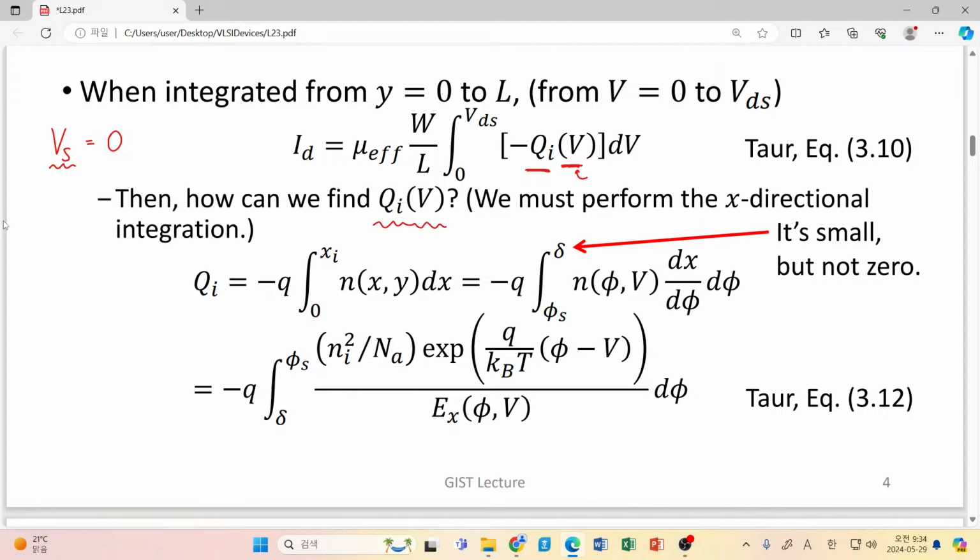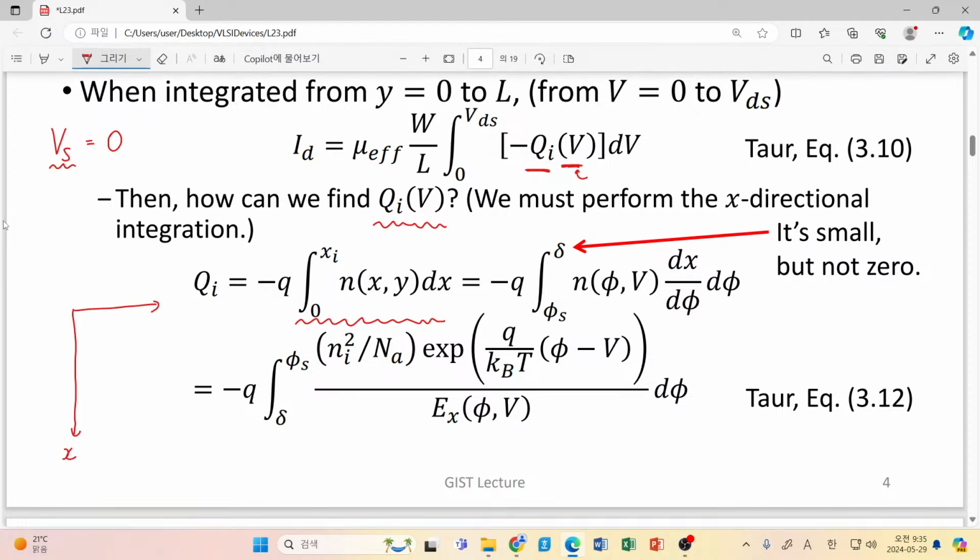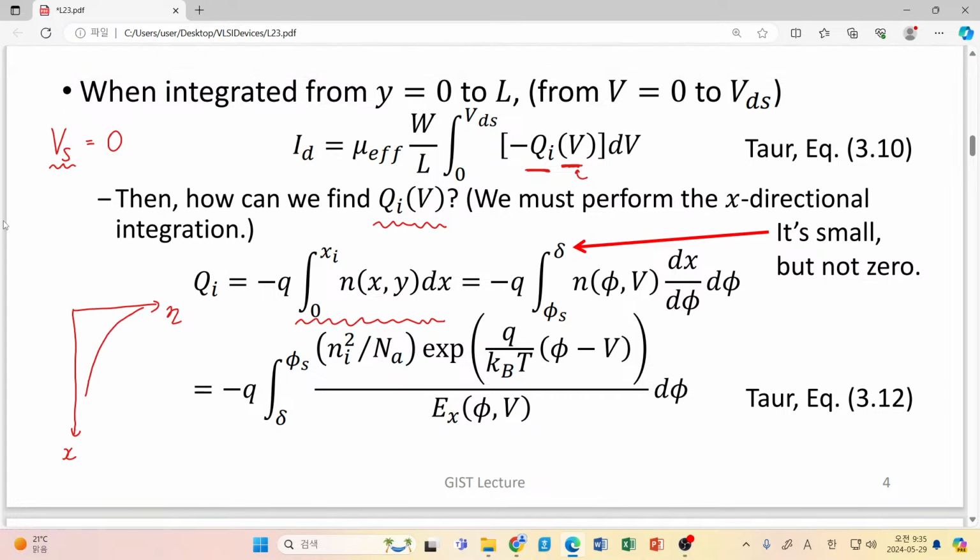Inversion charge density. Of course, inversion charge density is simply given by the integration of our electron density. So if we consider this vertical axis, and if we draw electron density as another axis, then we assume a rapid exponential decrease of our electron density.